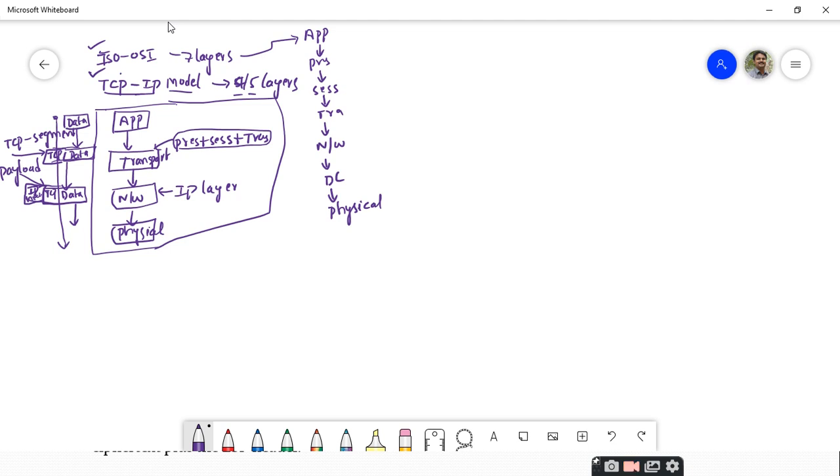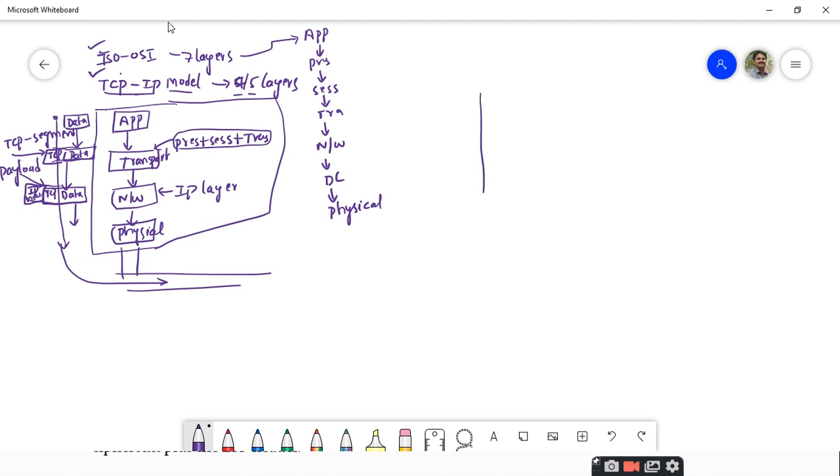That data, with all these TCP headers, IP headers and physical layer headers, will be transmitted onto the communication channel. This is the communication channel that is connected.